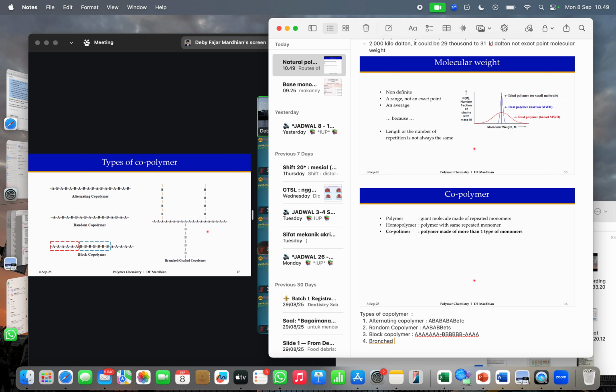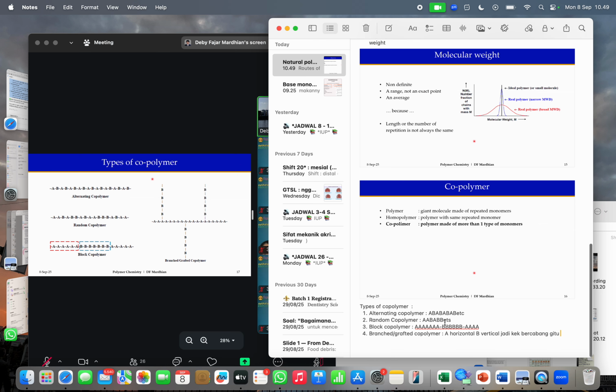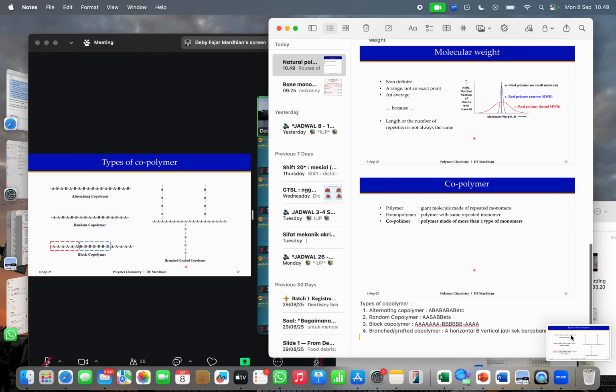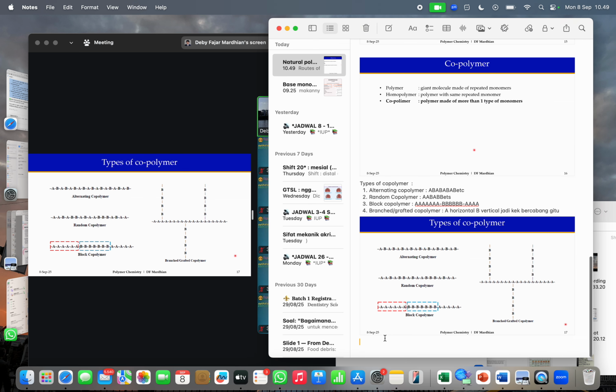So the main backbone of this polymer is a repetition of monomer A. However, then we add B to create branches, which may also react with the other polymer, creating a backbone A over here, and cross-linked by B. Something like that, yeah.